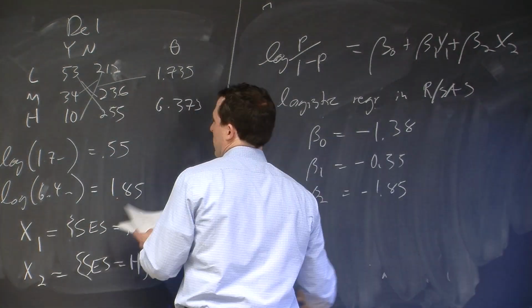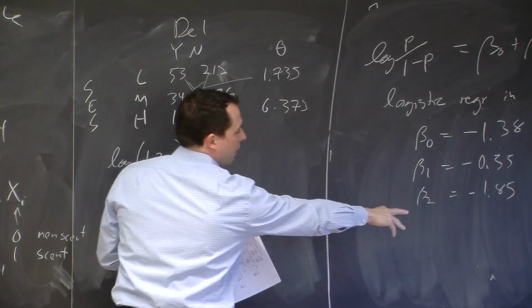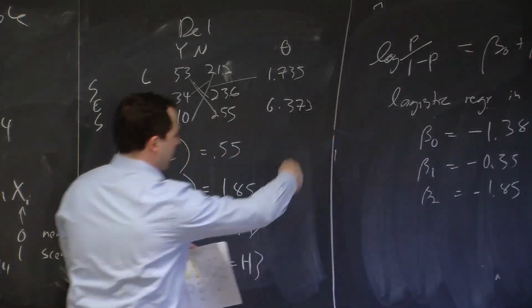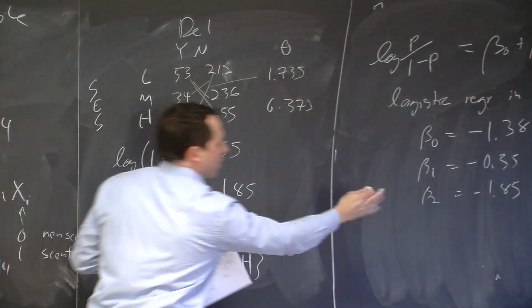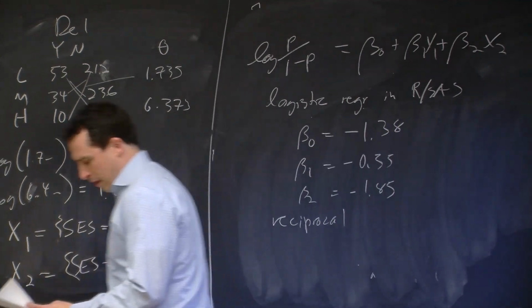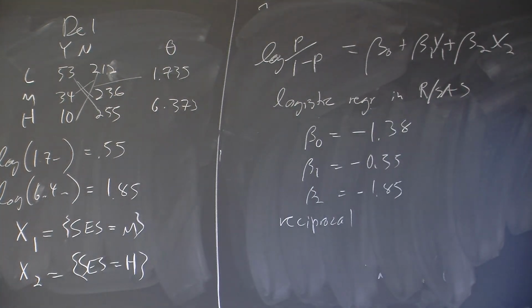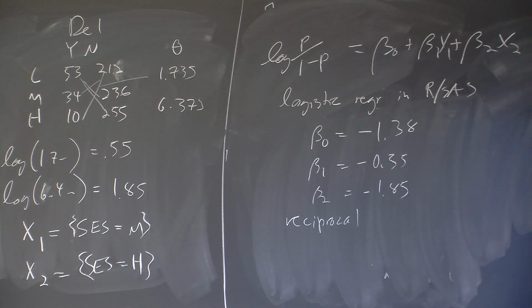It's just because here we flip it: this is 1 if it's SES-M, and the other one implicitly was the other way around. So when you do this on the computer, you may have to take a reciprocal somewhere. That's the point. But otherwise, you'll get the same odds ratios.